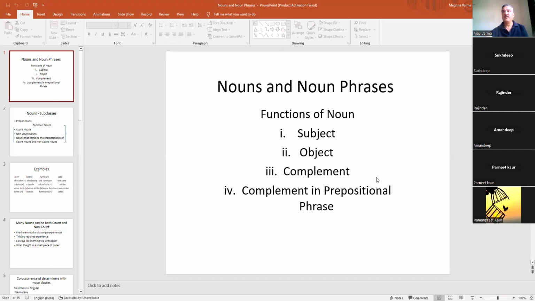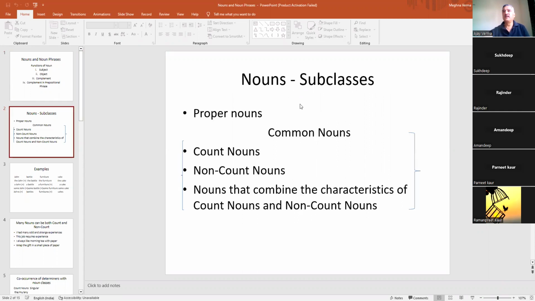And lastly, if we make a sentence such as he is gazing at the stars through a telescope, here it is the object of a preposition. So nouns perform four functions: that of a subject, object, complement, or object of a preposition or prepositional phrase. Now, this book classifies nouns in three ways.